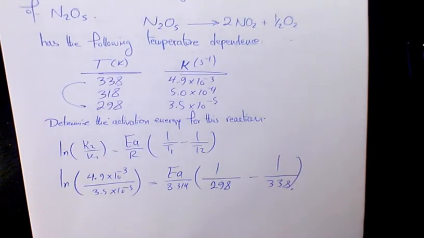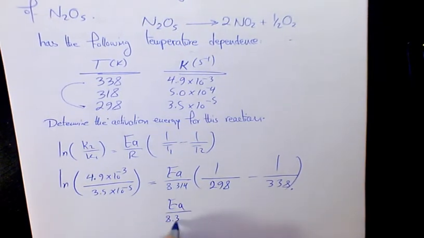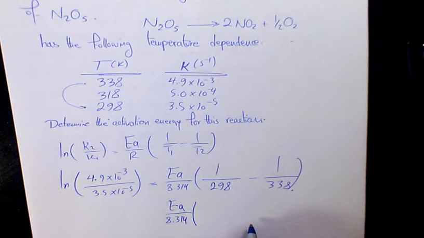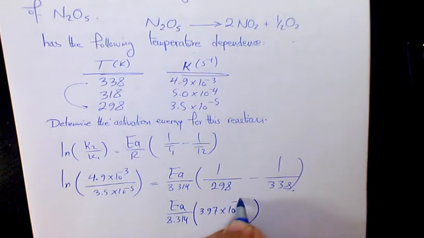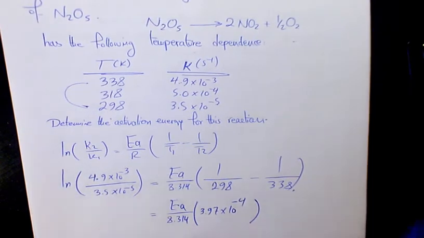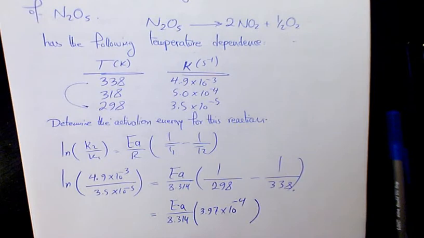Based on the formula, 1 divided by 298 minus 1 divided by 338 is going to be 3.97 times 10 to the power of negative 4. And here we have ln of 4.9 times 10 to the power of negative 3 divided by 3.5 times 10 to the power of negative 5.